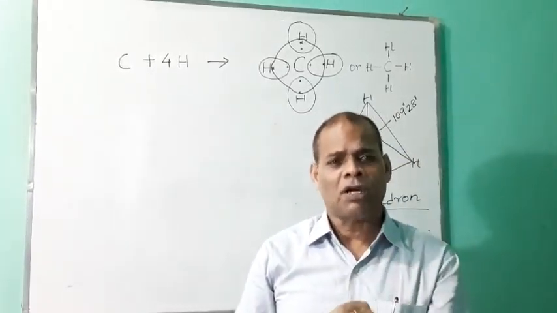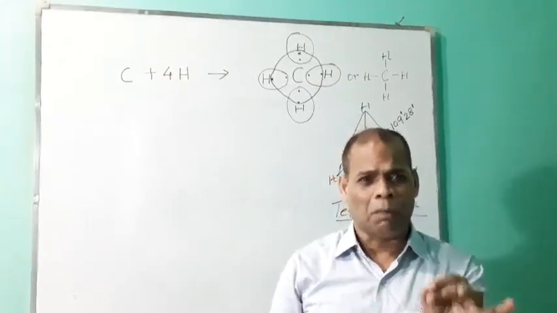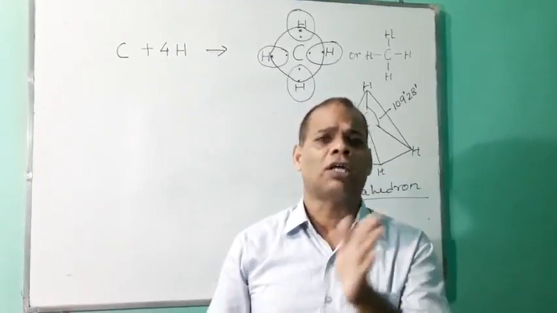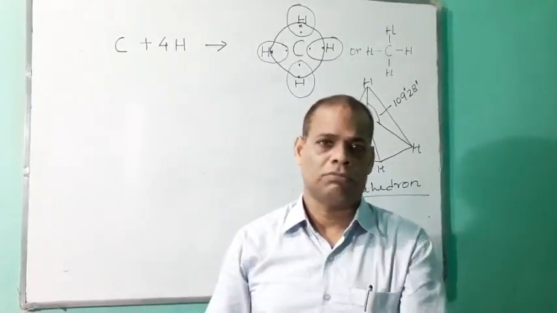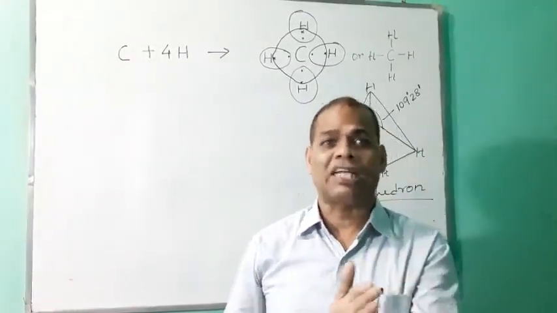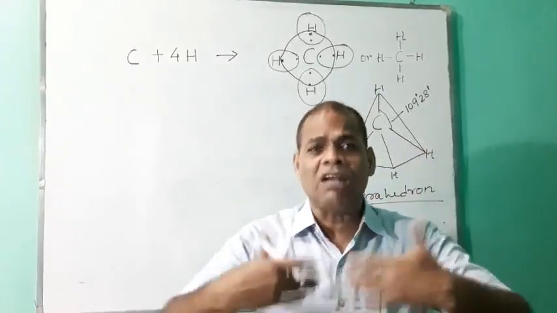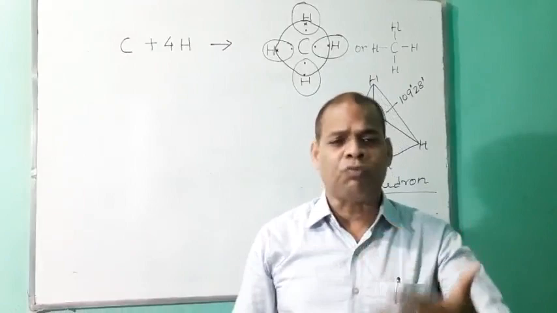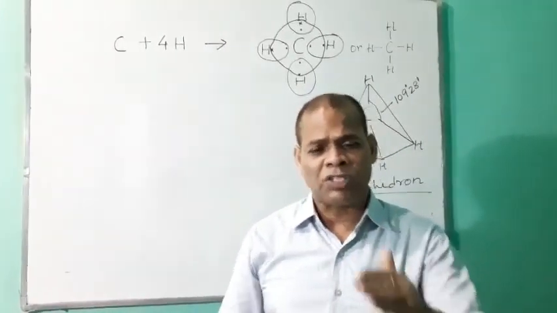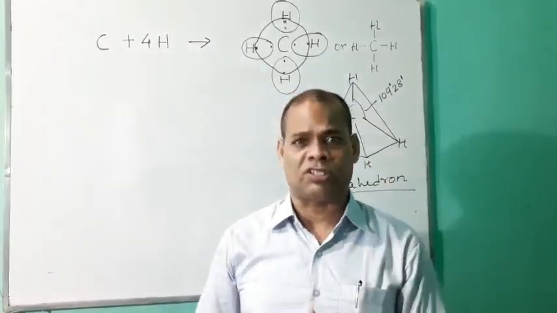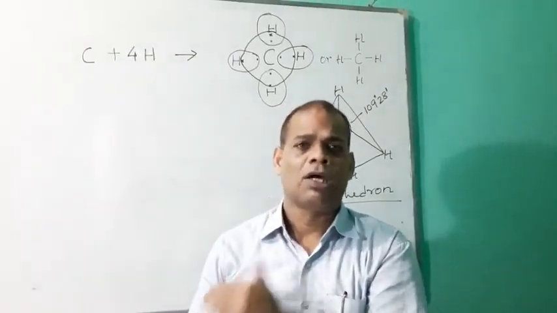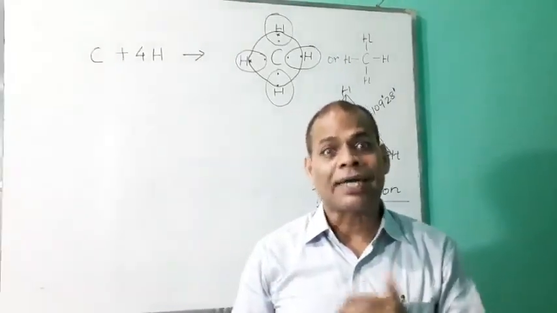This property of forming bonds with the same carbon atom is called catenation. Catenation means self-linkage, the tendency to form bonds with atoms of the same element: carbon, carbon, carbon. So this property is called catenation.